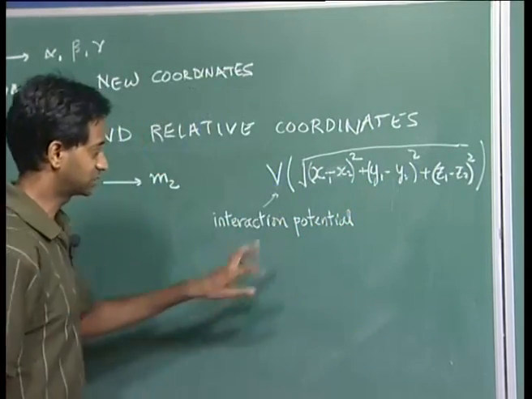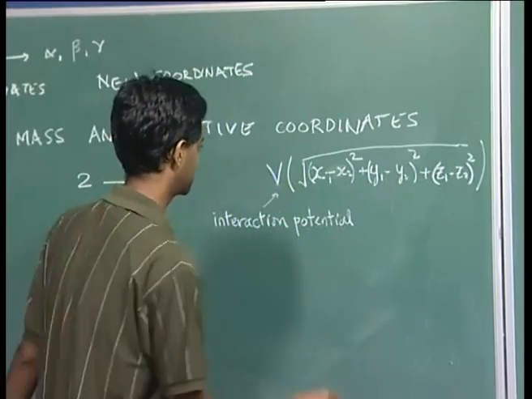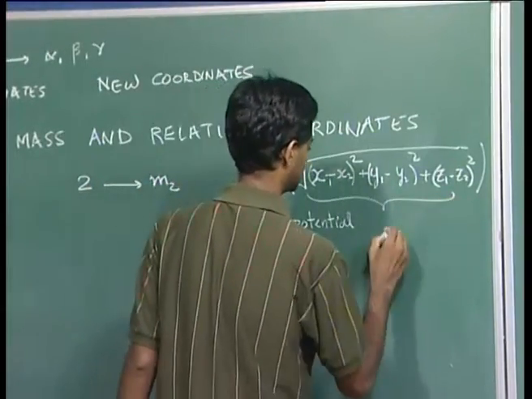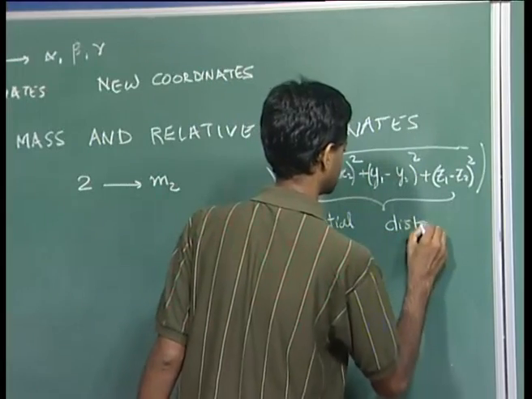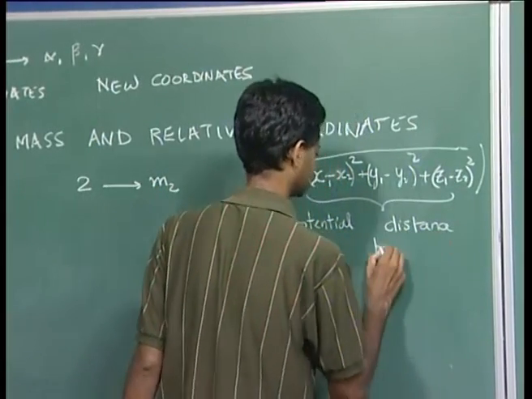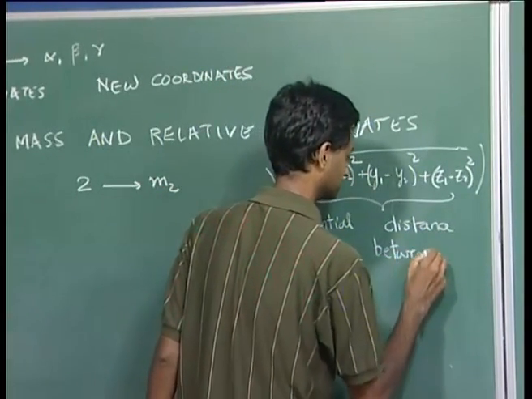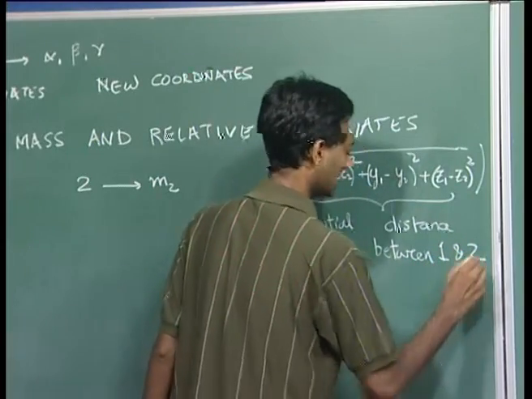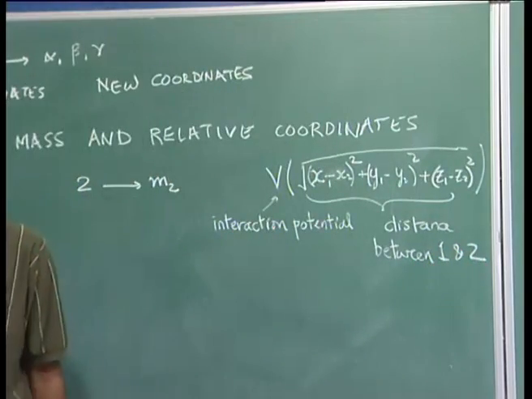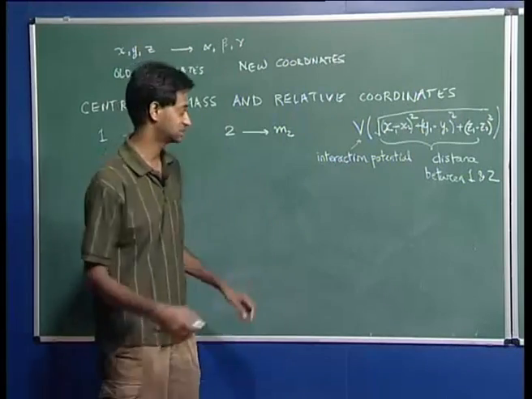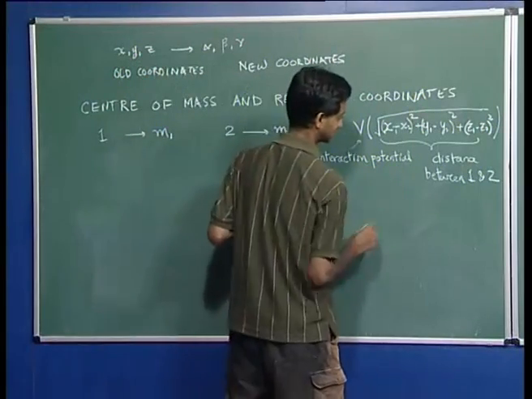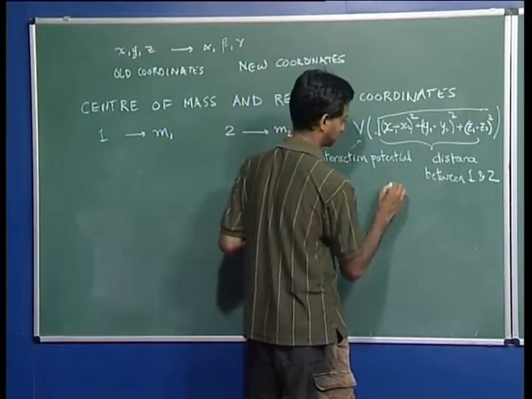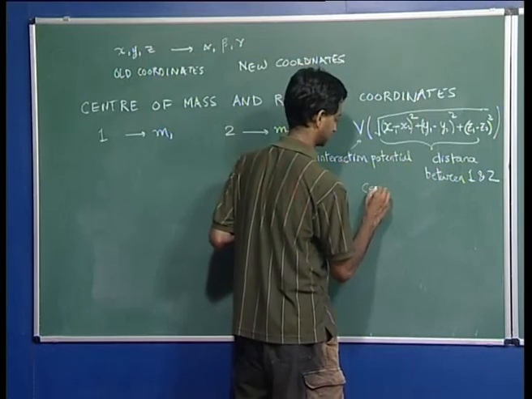And when the interaction potential depends only on the scalar distance between the particles, you say that this potential is called a central potential.